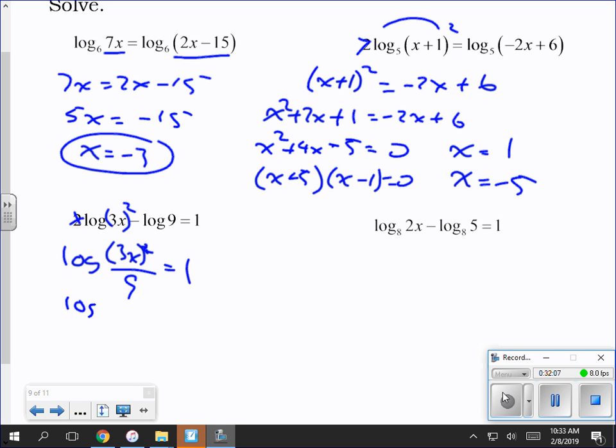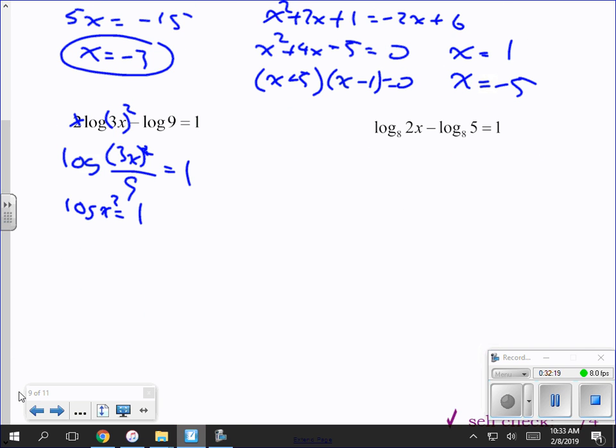So this is actually the log of x squared equals 1. Okay. Loop it, and you end up with 10 to the first is equal to x squared. Square root both sides. x equals the square root of 10.